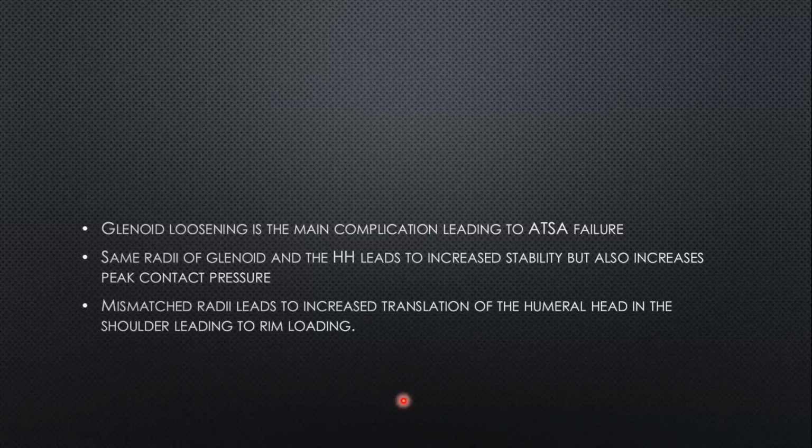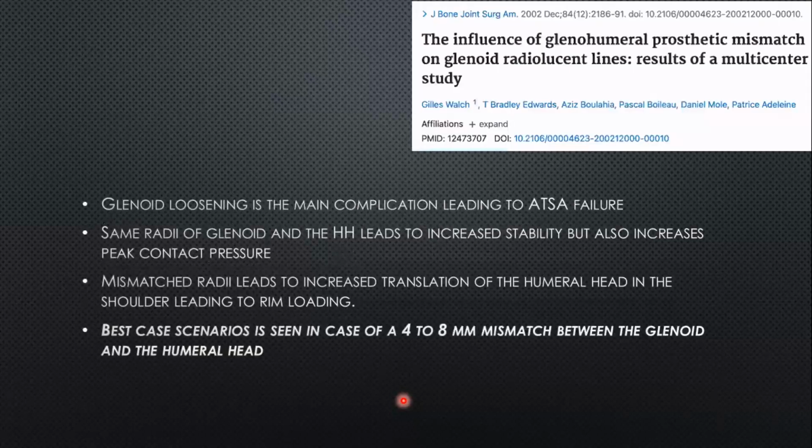So how much of this mismatch can be acceptable? So in this paper here, they said that the best case scenario is seen in case of 4 to 8 mm of mismatch between the glenoid and the humeral head. But this has a problem of its own called the rocking horse. I'll come into detail on that in some time.